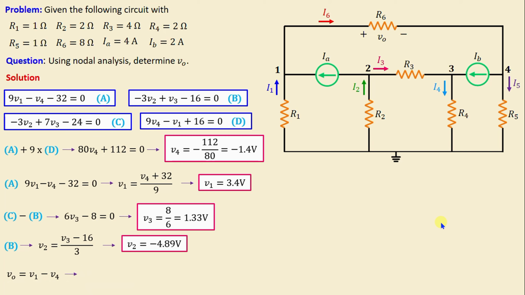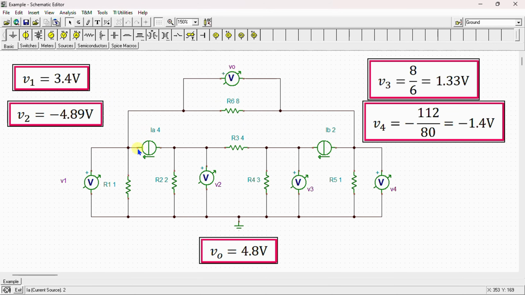Here is our network drawn in the SPICE simulator. We can see here this is the independent current source IA, the independent current source IB, and resistors R1, R2, R3, R4, R5, and R6.